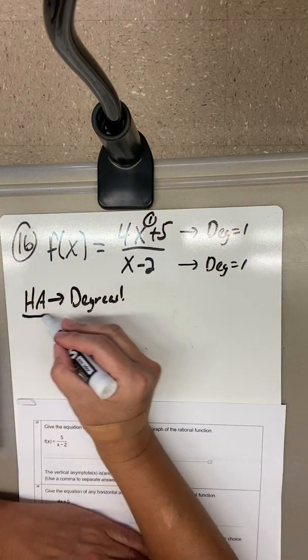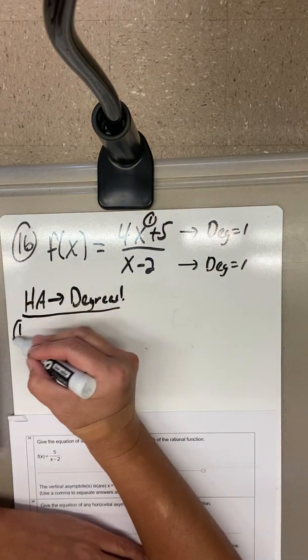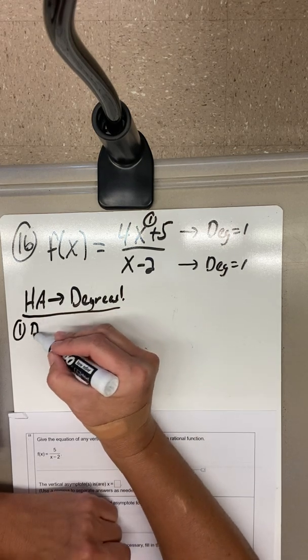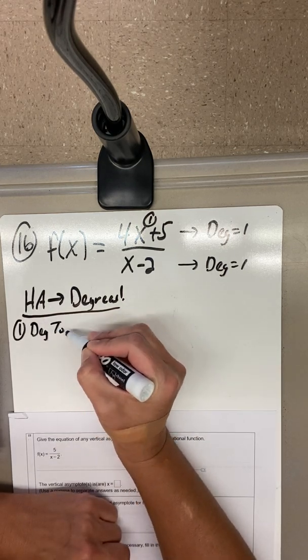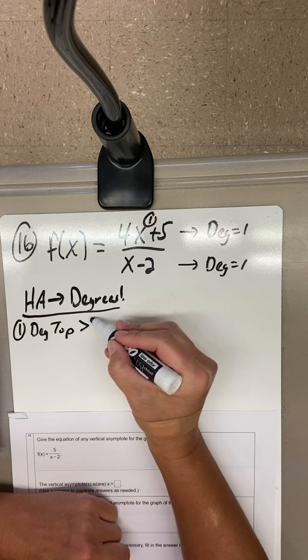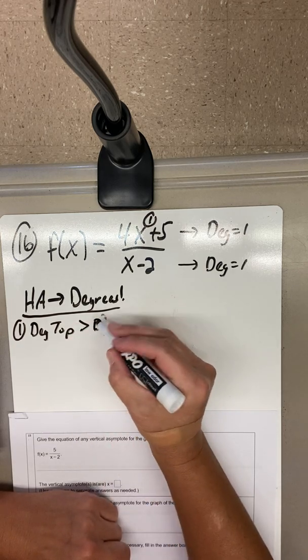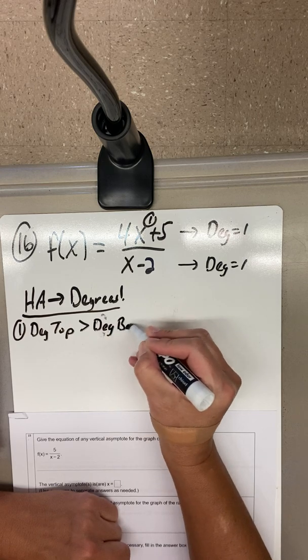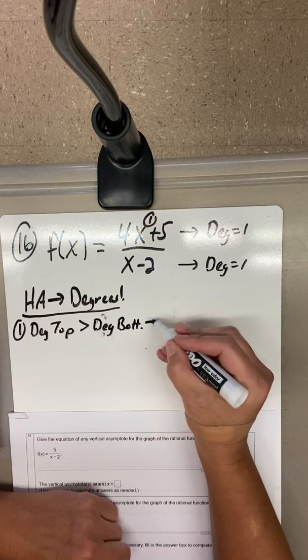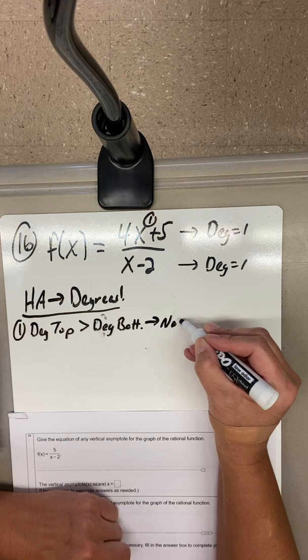There are 3 rules for horizontal asymptotes. If the degree of the top is greater than the degree of the bottom, then there's no horizontal asymptote.